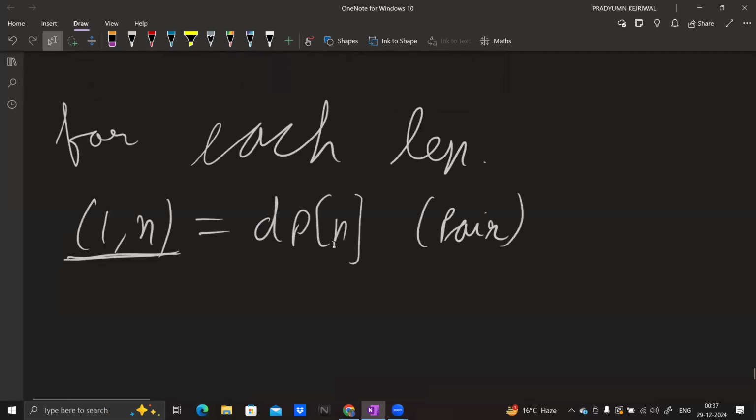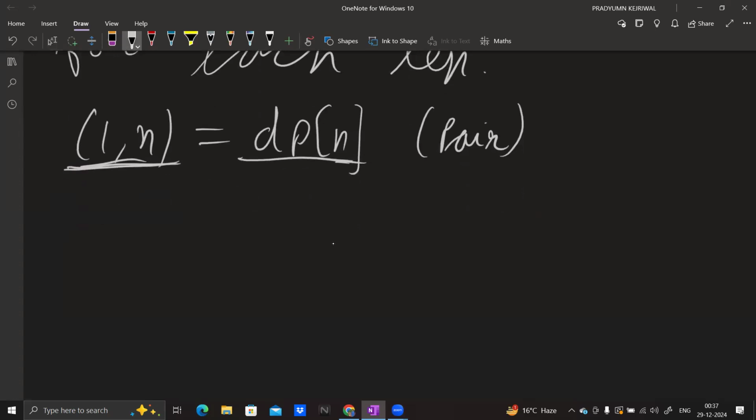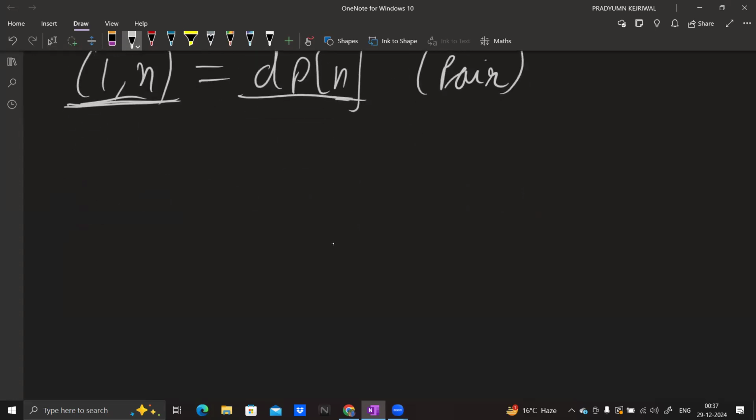So I am storing it in dp of n, where n is the length. For 1 to n, the answer I am storing in dp of n. Let's say I want to calculate dp of 6. That means I want to calculate the answer for 1 to 6.